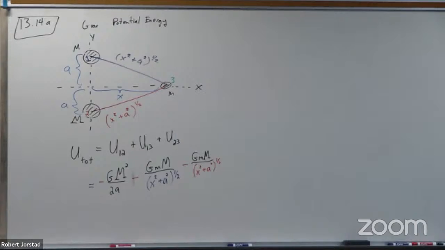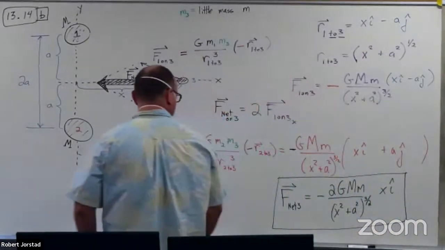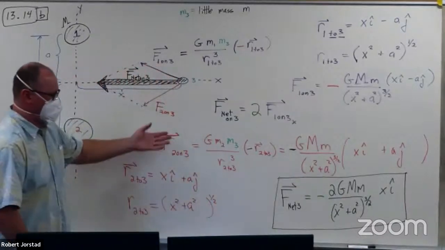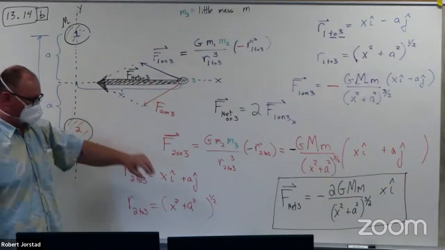I want to go back to part C over here. That was part A. Now part B was here. That part was A. And now I've just got this force here.